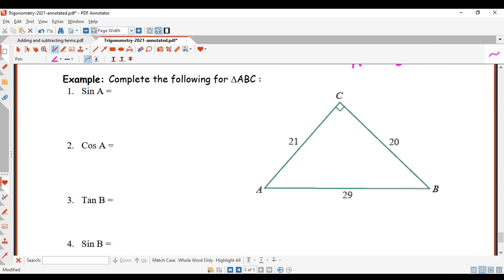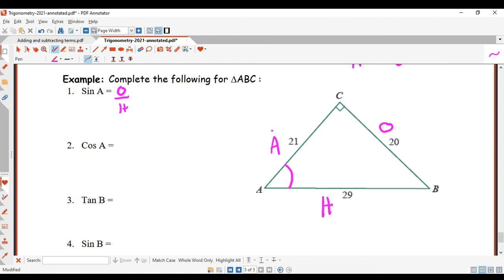Complete the following for triangle ABC. Let's start off with sine of A. Don't forget we're going to write the formula down, opposite divided by hypotenuse. Angle A is here. The side furthest away from angle A is the opposite side. The side next to angle A is the adjacent side. And the side opposite the right angle is the hypotenuse.